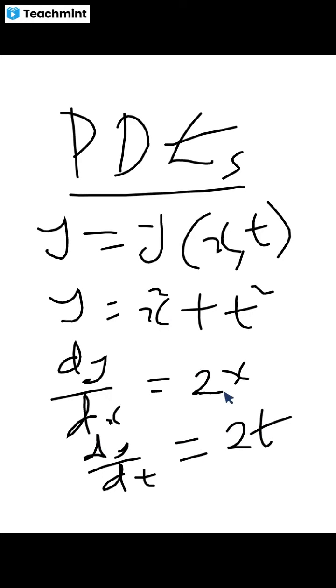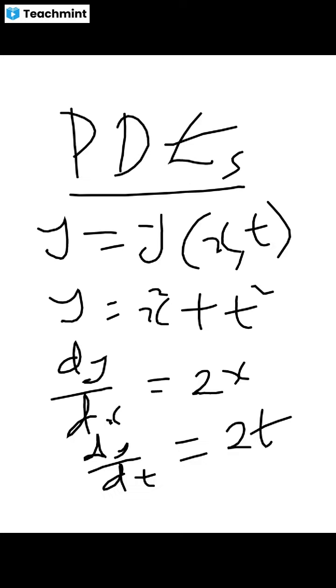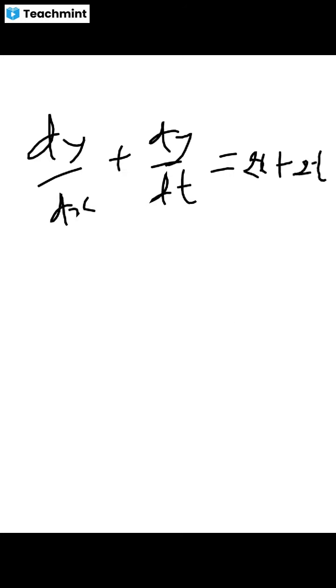For instance, I might decide to say my partial differential equation is dy over dx plus dy over dt is equal to 2x plus 2t. You see that it is true because our dy dx is equal to 2x and our dy dt is equal to 2t. So it is true that dy dx plus dy dt is equal to 2x plus 2t. This is a correct equation.